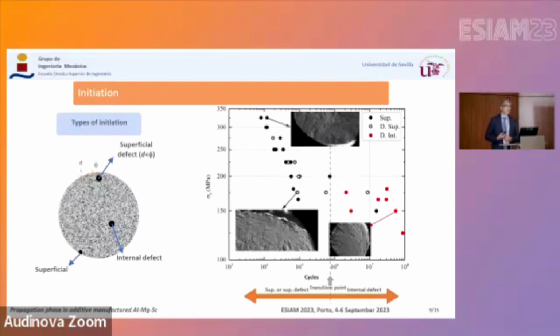We guess that when the manufacturing process improves, this transition point will move to the right. In any case, we see all this distribution, and now we want to see how the failure started from these usual defects, and how it affects the total life.